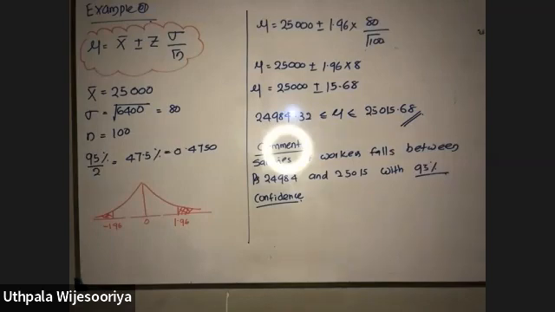Out of those 20 confidence intervals, only 19 will cover the true population mean. So 95% means 19 out of 20. Only 95% of them will cover our true population mean.